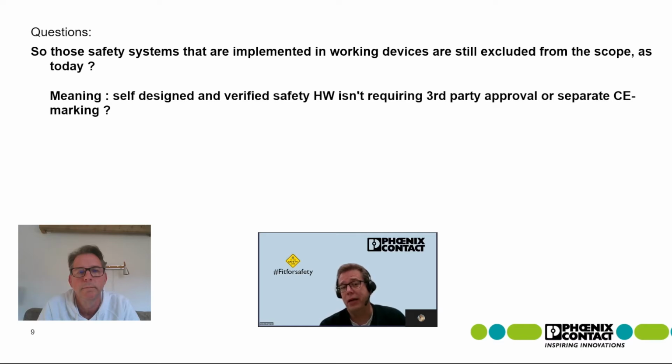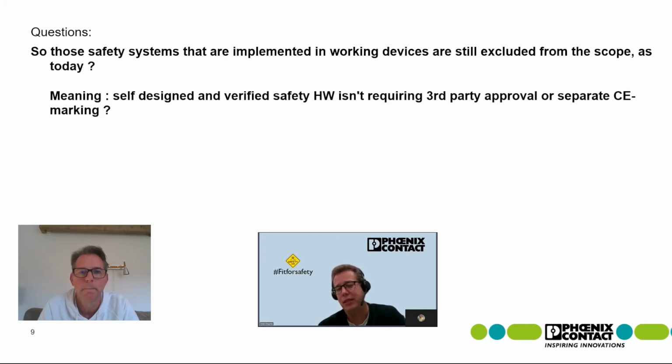Another example may occur, for example, when you think about what we talked about before, essential modification on an existing machine. That might be a special use case where you can also be considered as independently placed on the market, because in this special case both things come together.